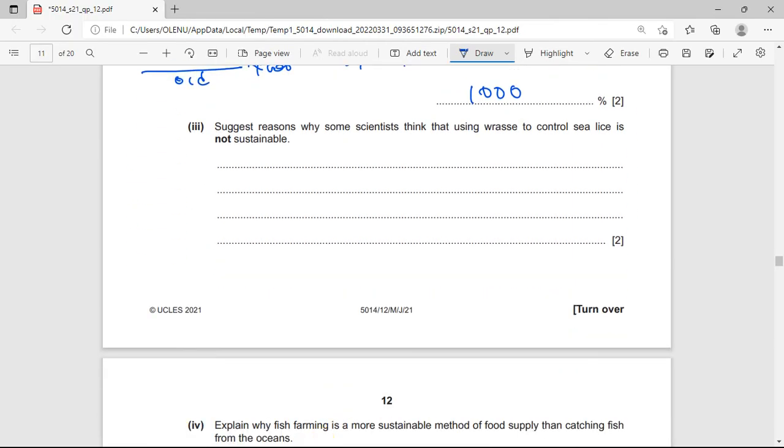Now, suggest reason why some scientists think that using wrasse to control sea lice is not sustainable.